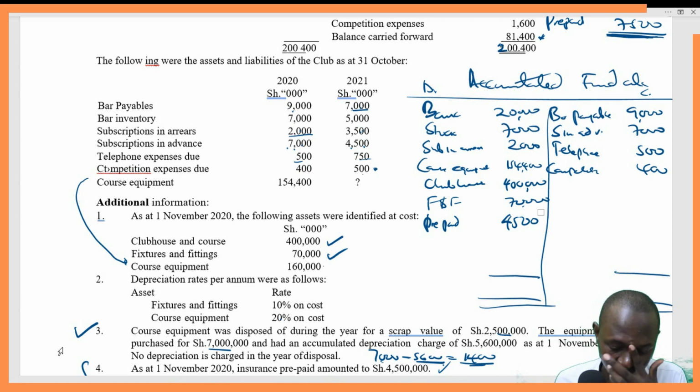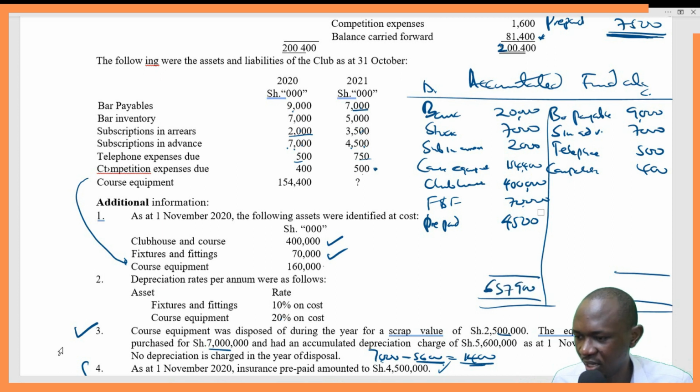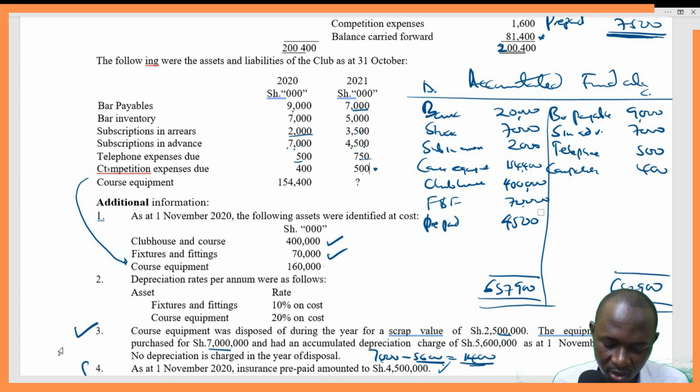That gives us 657,900. And then on this side we have 9 plus 7, that's 16,900. 657,900 minus 16,900 gives us 641,000.